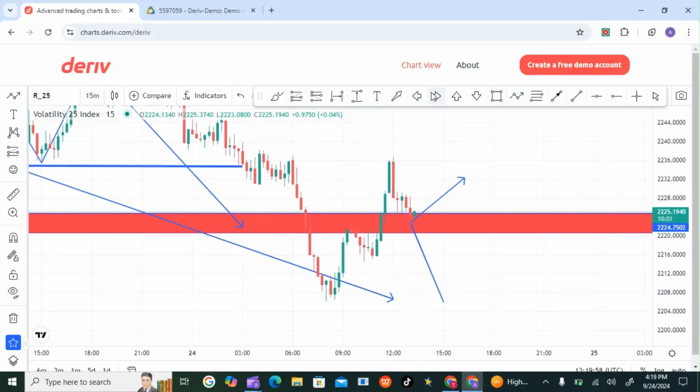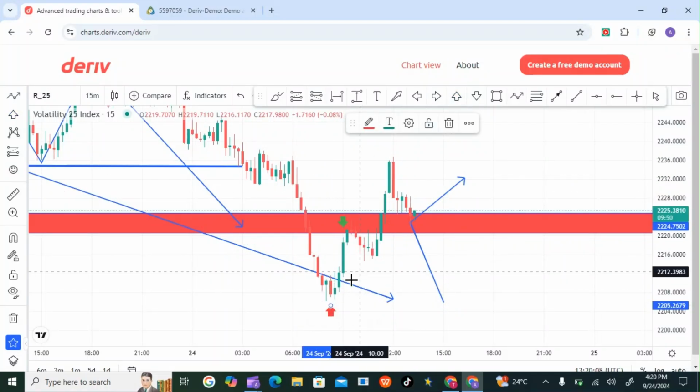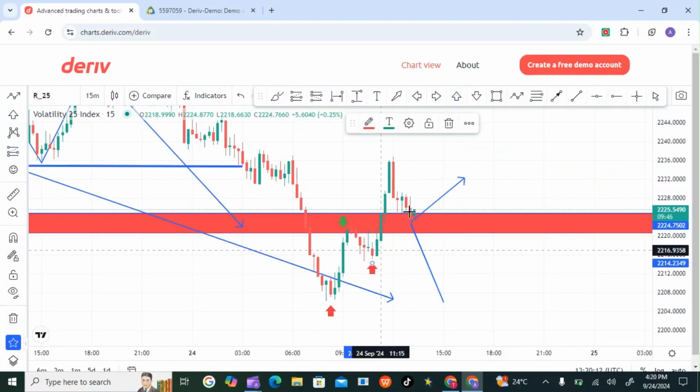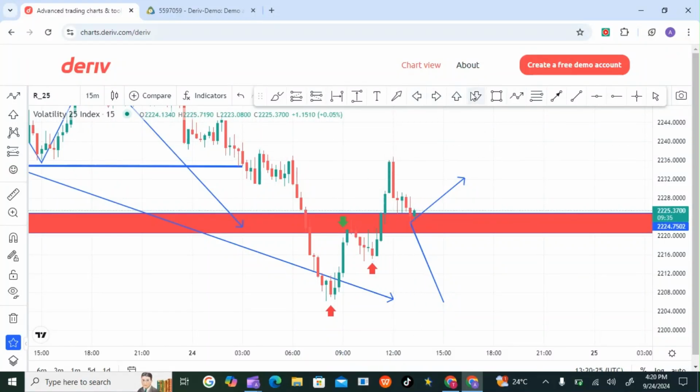So I want to just show you something. It has created a higher high and a higher low. You can see this is a higher low and this is a higher low, and this is a higher high, higher low, higher low, higher high, higher low, higher high, and this also has qualified to become a higher high.